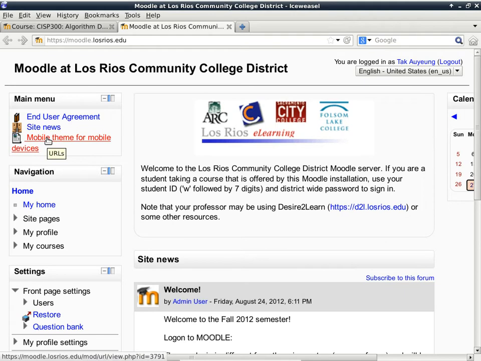What that does is it will choose a different theme and therefore make Moodle much more friendly for mobile devices. Okay? Any questions about that step? I have used it a little bit, it's okay, but you have to click a lot more because it divides up the content into more levels of clicking.